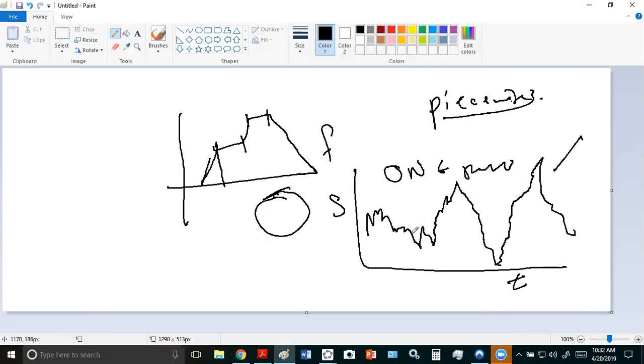Now, does it make sense to talk about this here? This is random. It may be like this one time, and the next time it may be completely different, okay? It may be something like this. It may be something like this. Now, why can't I draw there?